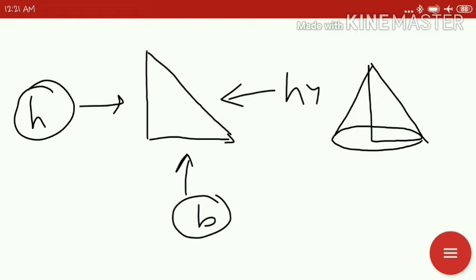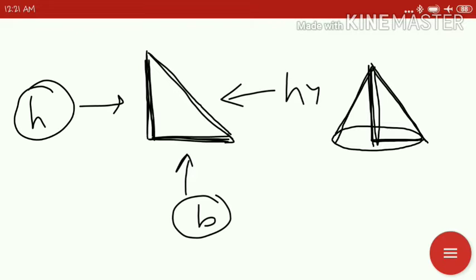So the hypotenuse will form the slant portion, the base will form the radius of the circular base, and the height of the right angle triangle will be the height of the cone. This is the main feature of the conical shape.